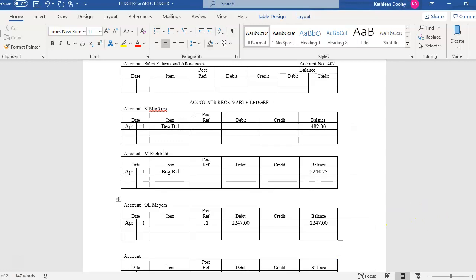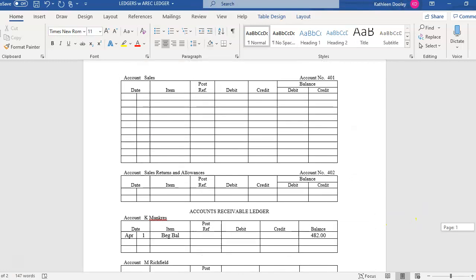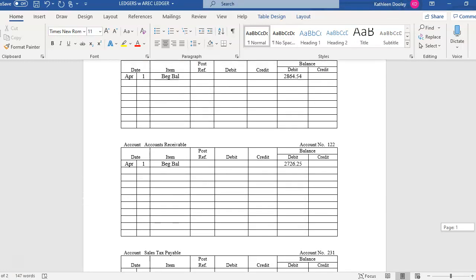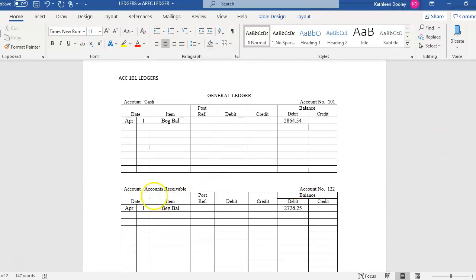Okay, so now I'm going to go up in my ledgers up to the accounts receivable in the general ledger. I'm going to copy the date. Of course, I don't put the month again. The month's already there. Skip the item. Copy the debit amount, $2,247, and go over to the balance.